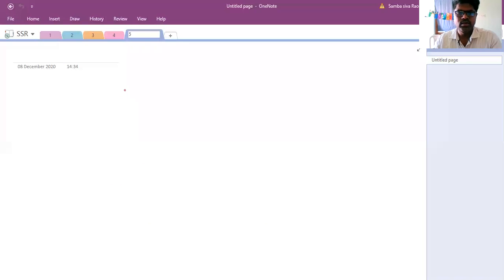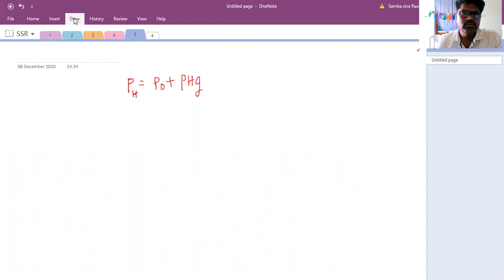We'll go for that equation. Pressure at a depth H, PH is equal to the lowermost point, P0 outside pressure plus rho capital Hg. Pressure at the lowermost point.